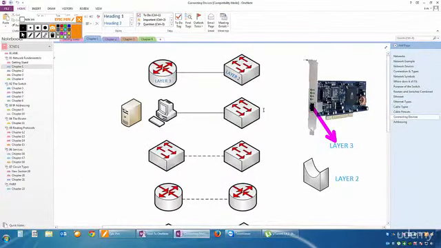So let's look at what happens when we have a certain device. Eventually you're going to learn the different types of devices that we have here. You're going to learn that our routers are layer 3 devices, our switches are layer 2 devices, and our network cards are layer 3 devices. Our bridges are layer 2 devices, which you're not going to really get into detail with.